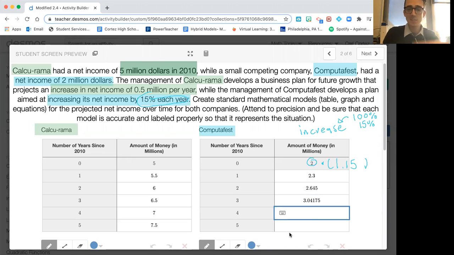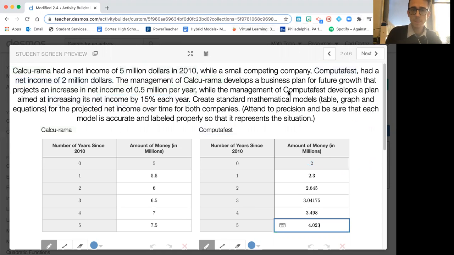I'm just getting this number because I keep multiplying by 1.15. Eventually 3.498. Okay, so it's going up. One more time, 4.023. All right, interesting. We only see so much from these tables, but let's see what else is asked of us.